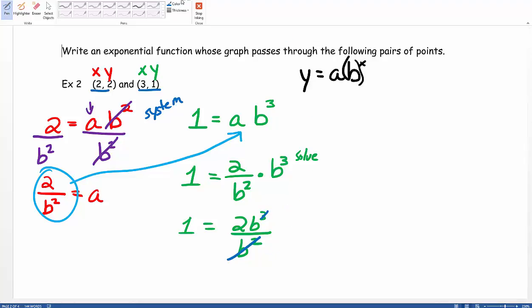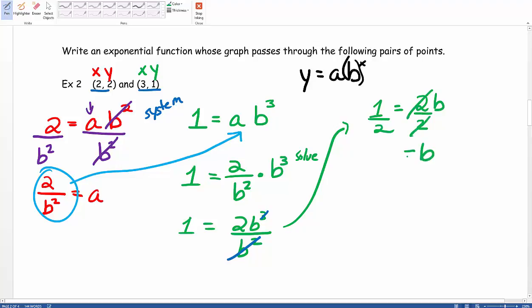And so then it looks like we have still 1 equals our 2b. And then lastly, just to solve for b, we would just divide both sides by 2. So b now is all by himself equals 1/2.